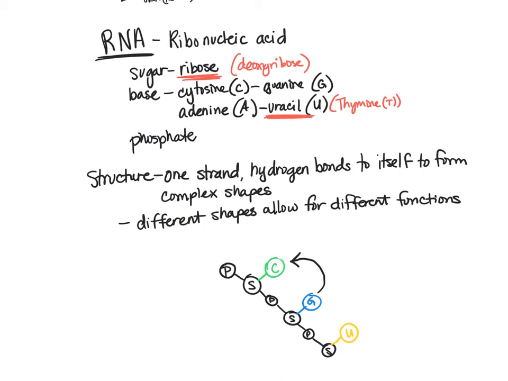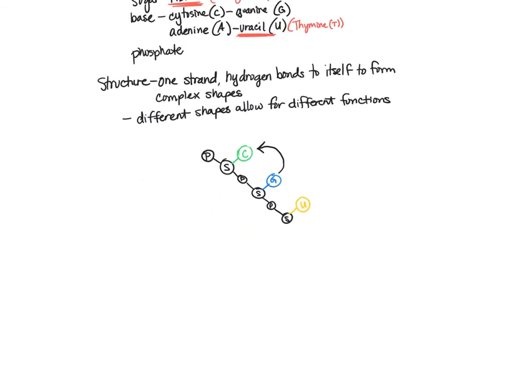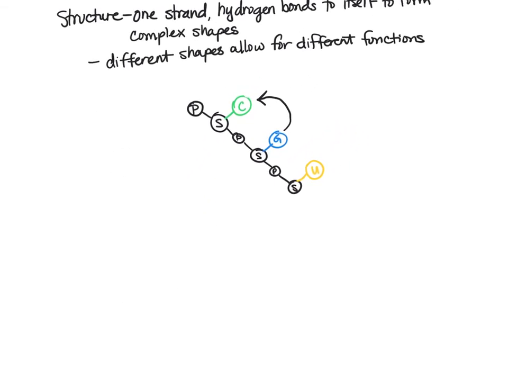But in this case, it's a single strand, and it's going to fold up on itself, and it will form different types of shapes. And we'll take a look at some of the different types of shapes when we get in a little bit further into the semester. But for now, in just a moment, we'll talk about the different types of RNA. It's important that you know that they can fold up and they'll form different shapes, and then those different shapes are going to give them different types of abilities, different types of functions.